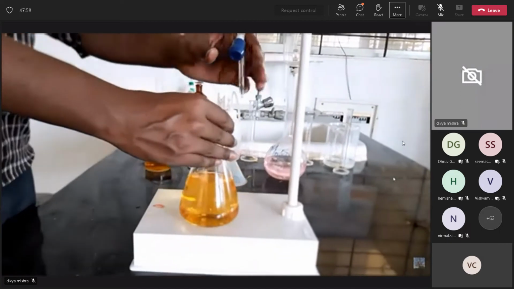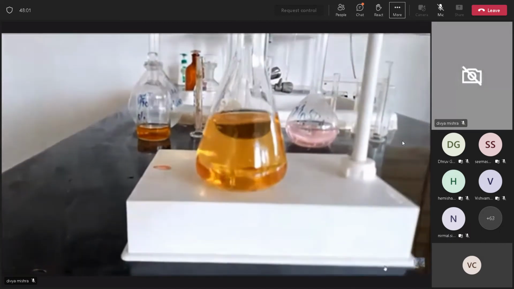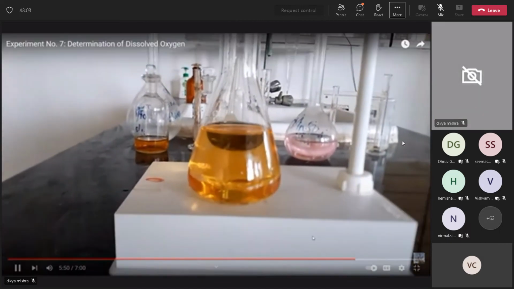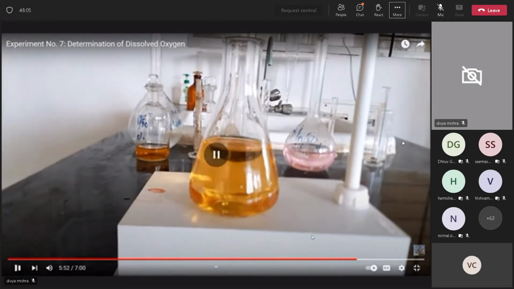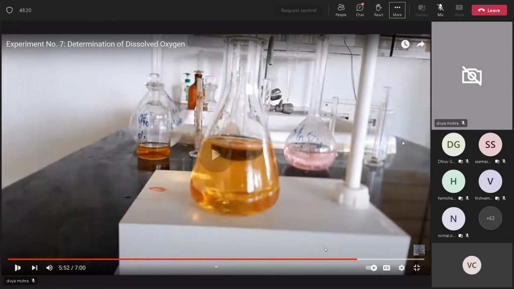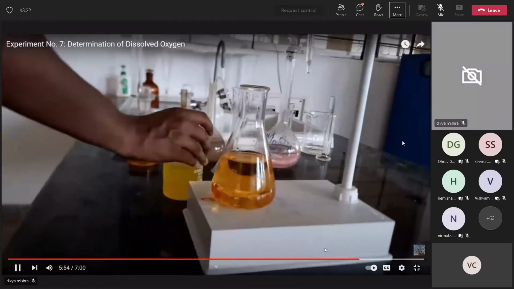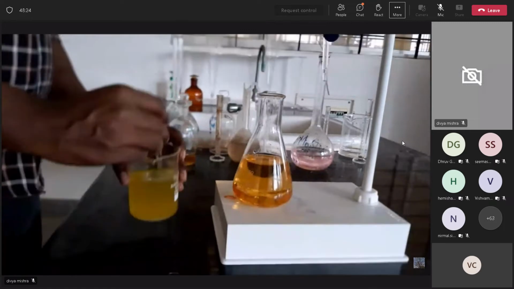As you can see, from the dark straw color, it has turned to pale straw color. This is your pale yellow solution. A few drops of starch are added to the titrated solution now.